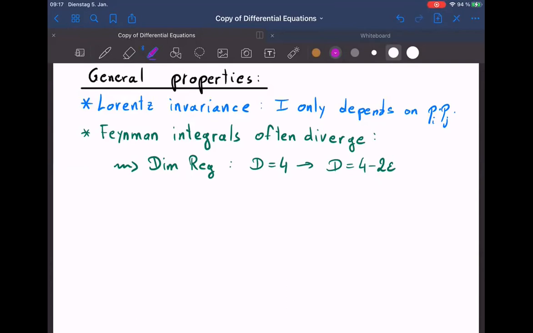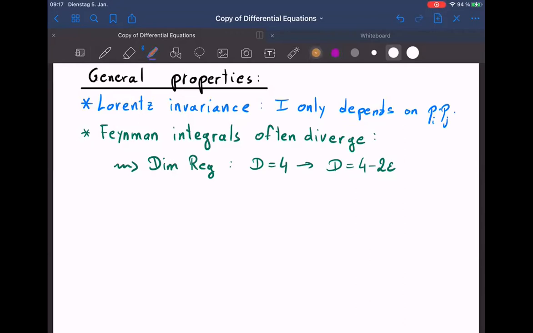But I also have in massless theories like Yang-Mills, you have infrared divergences, which you cannot remove by renormalization. They will cancel against other contributions that you need to compute. So these integrals diverge, and I have to regulate these divergences somehow.